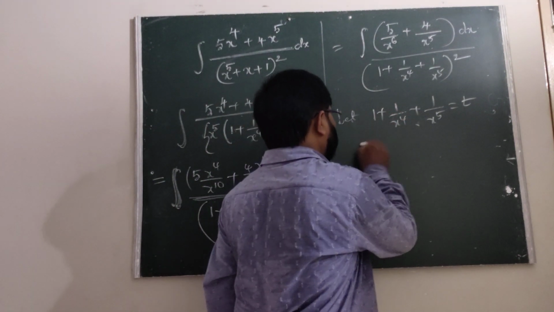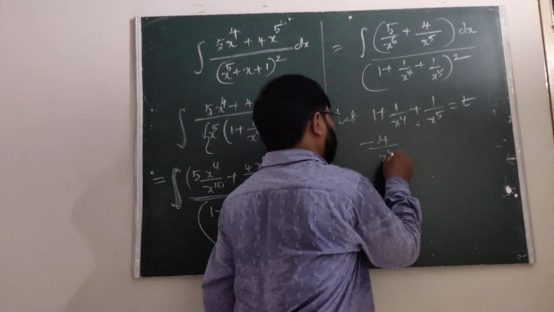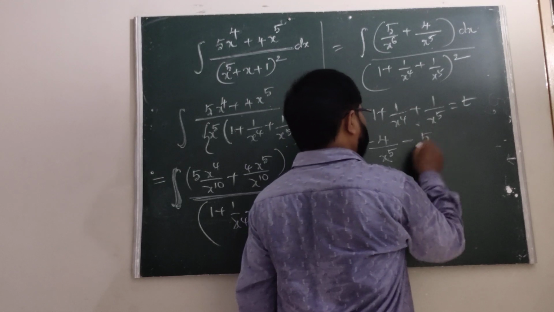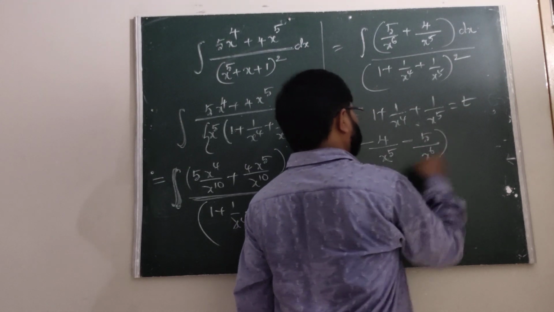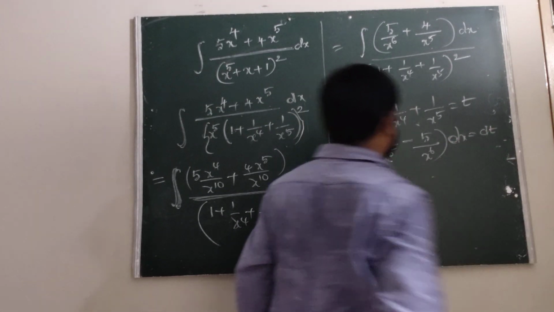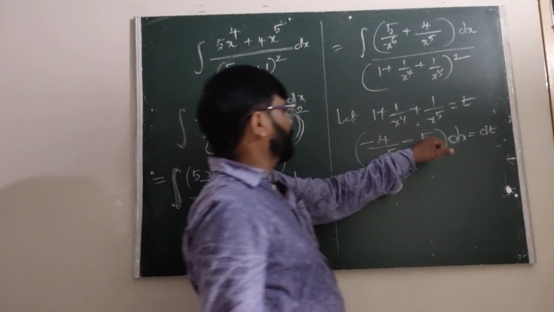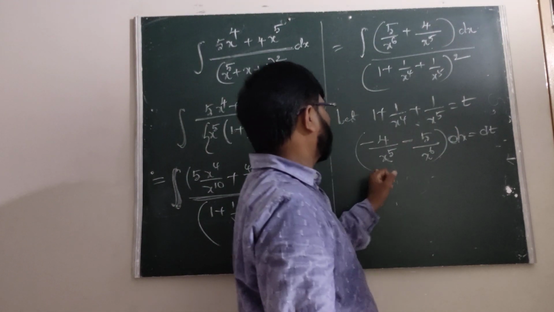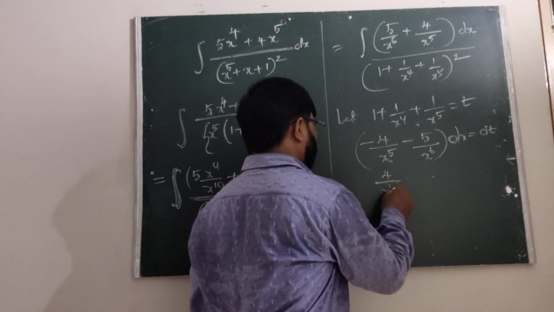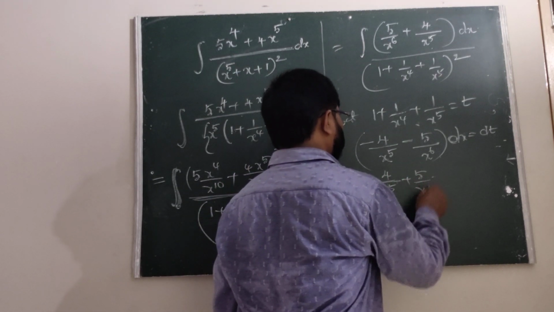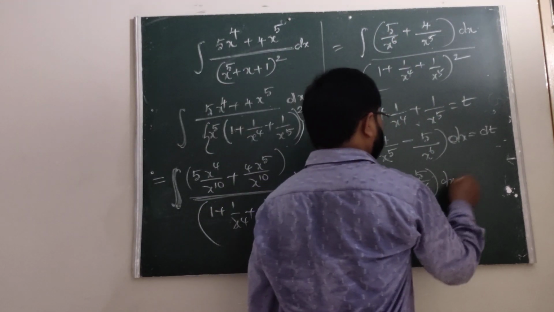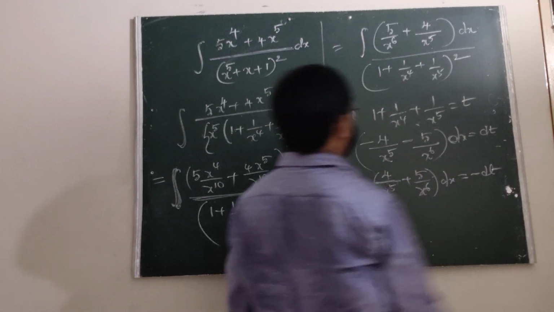Therefore, the derivative of this one is minus 4 by x^5, and the derivative of this one is minus 5 by x^6, into dx equal to dt. Therefore, 5 by x^6 plus 4 by x^5 times dx equal to minus of dt.